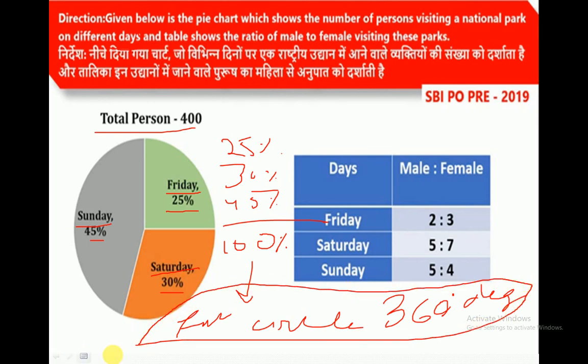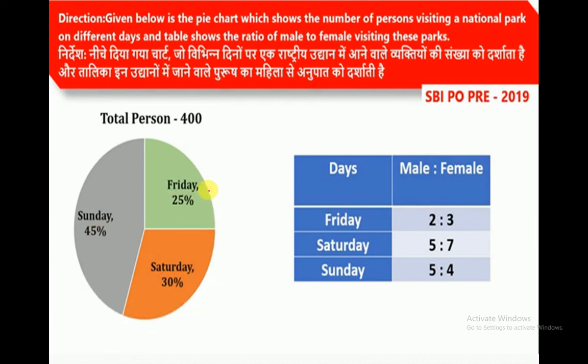Now, the fractional value of 25% is 1 by 4. The fractional value of 30% is 3 by 10.